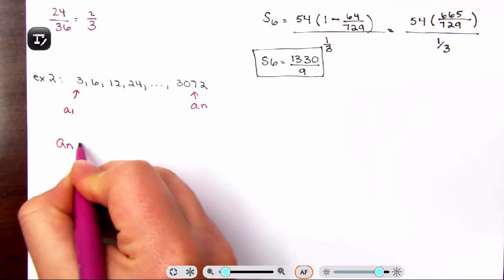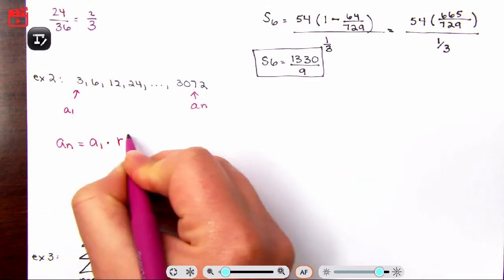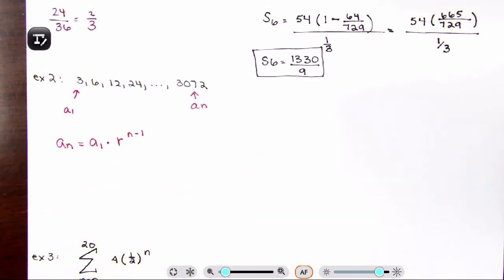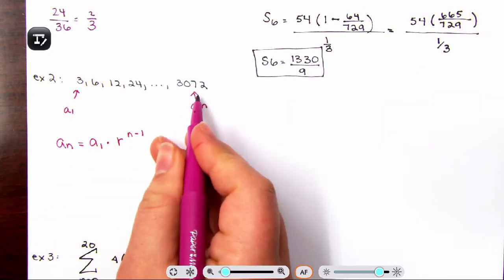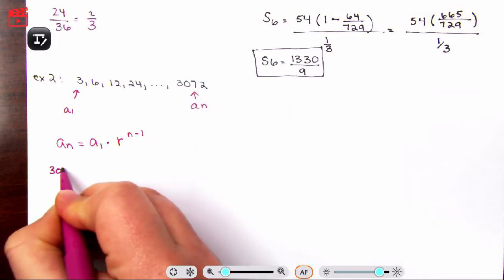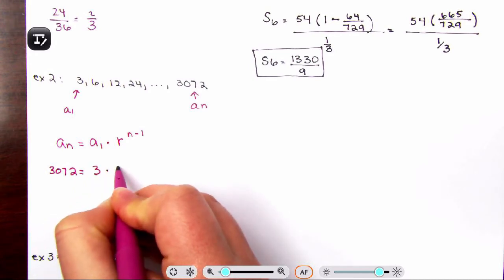So a sub n is equal to a sub 1 times r to the n minus 1 power. Because I am starting with my position number 1, I have to use the formula for position starting at 1. So a sub n, we don't know. Actually, we do know what a sub n is. A sub n is 3,072, and that's equal to a sub 1, which is 3, times r. I do know what r is.